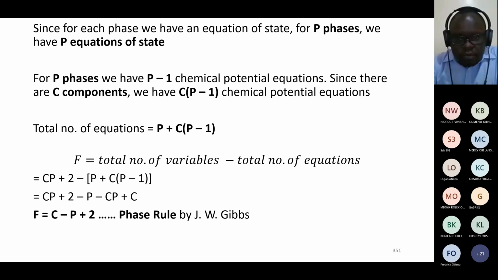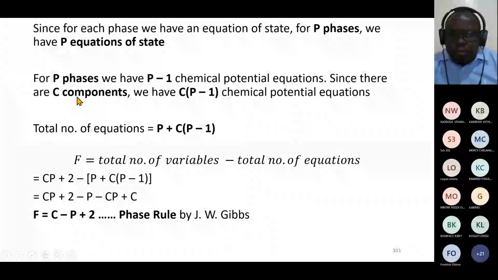If you have three phases, then you're going to have two chemical potential equations, and so on and so forth. So we can say that for P phases, we have P minus one chemical potential equations.